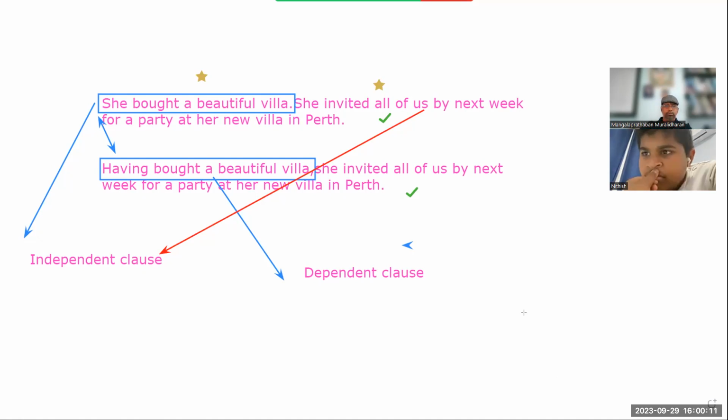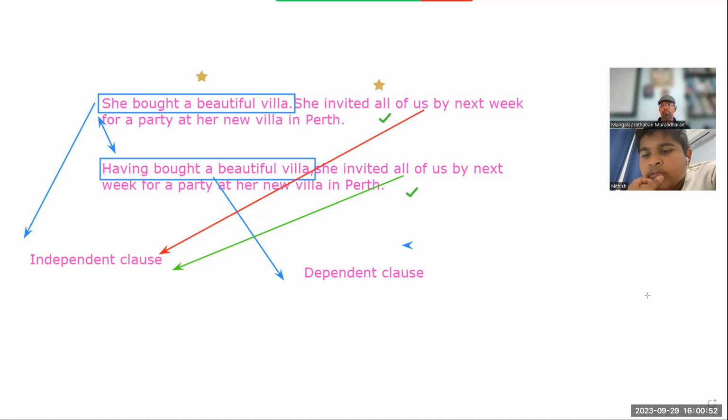Here, she invited all of us by next week for a party, that's again an independent clause. In the previous one, the first one, she bought a beautiful villa, that's an independent clause. She invited all of us by next week for a party at a new villa in Perth, that's an independent clause.